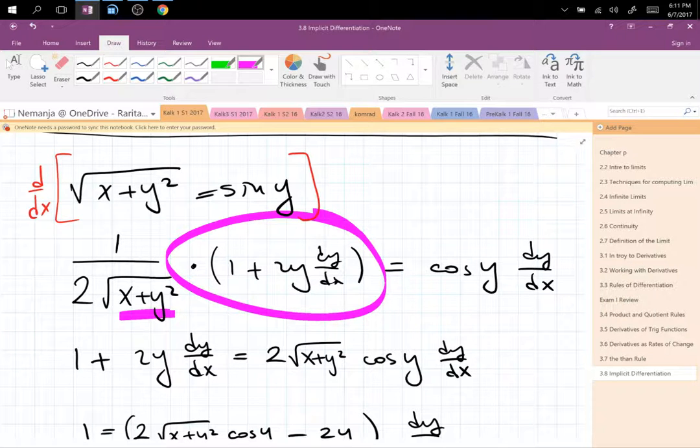The first part should be clear, because the derivative of square root of x is 1 over 2 root x. There's nothing else there. It's exactly what I have. So we're treating the x plus y squared as the x.